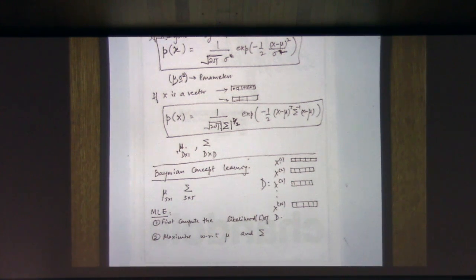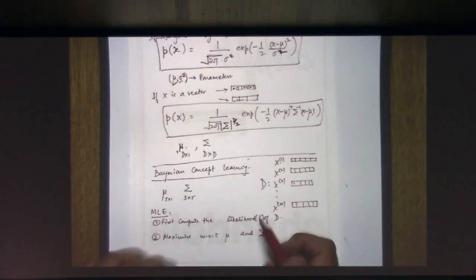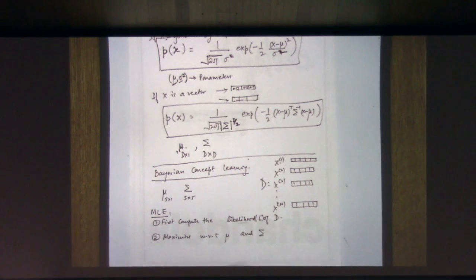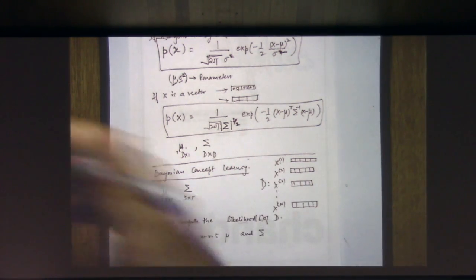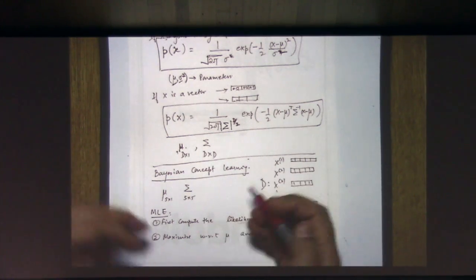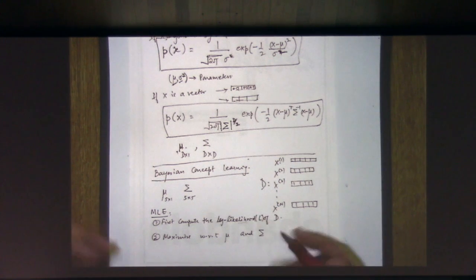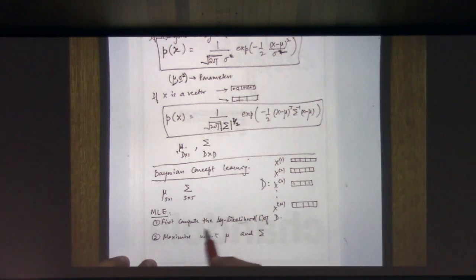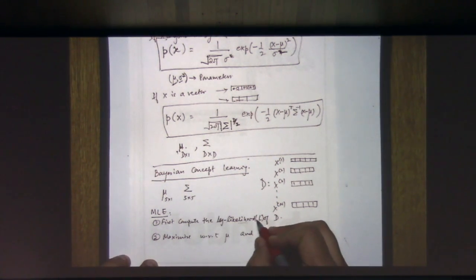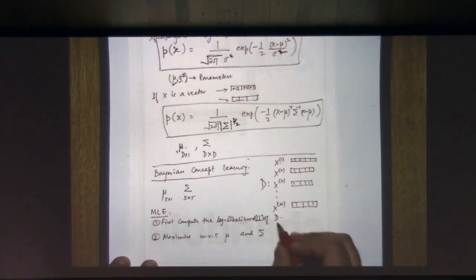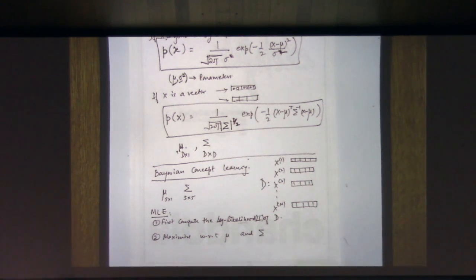If you remember our discussion earlier, likelihood is just a product of all probabilities. To make it mathematically easier to compute, we deal with log likelihoods, which is the same thing, except that the products become sums. So we will compute the log likelihood, call it LL of D, and maximize that, and whatever value we get is the maximum likelihood estimate of mu and sigma. Any questions so far?